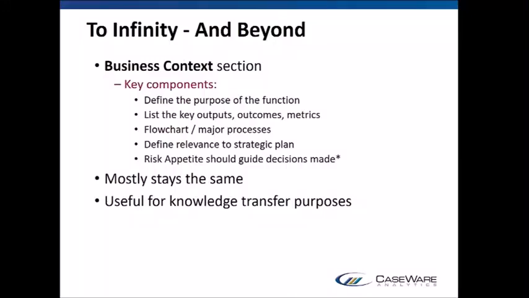So basically the business context section, you are really doing what we used to do with the permanent file. So you are going to define, okay, what is the purpose of this function? Why do we need it? What are the key outputs, outcomes? How does it contribute to the bottom line of the organization? You will have some sort of basic flow chart.